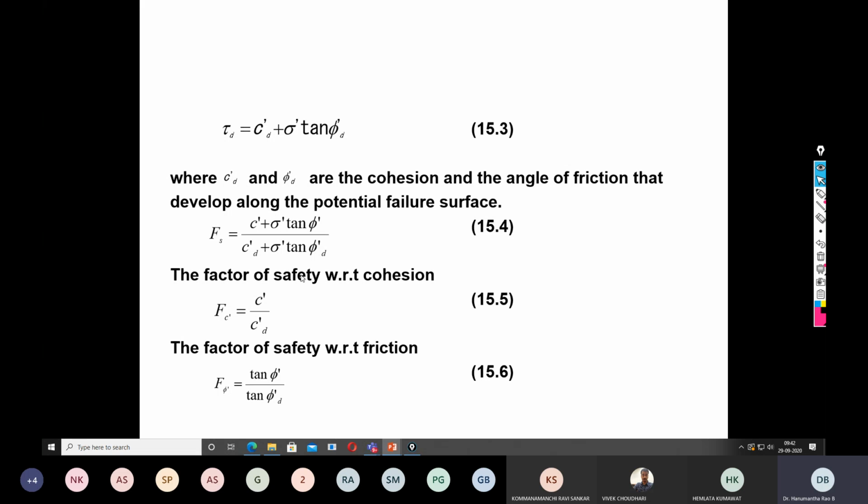If you are defining the factor of safety with respect to only the cohesion, then it becomes C dash by C D dash, the cohesion developed because of the external normal load. Similarly, the factor of safety with respect to friction is tan phi dash by tan phi D dash.